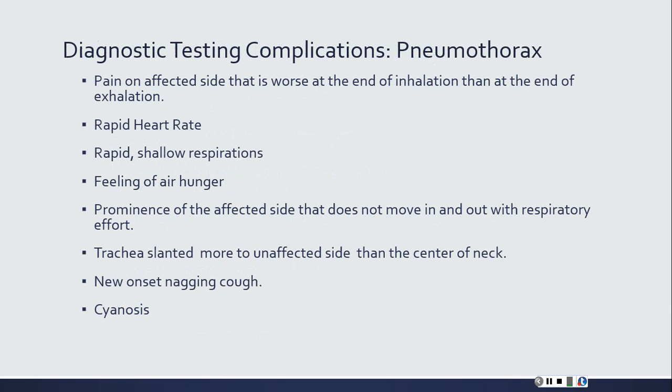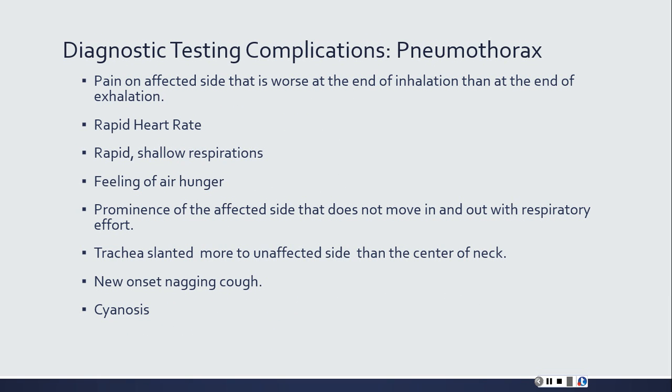All right, so these are the big signs of pneumothorax, and you need to know this. Both of these procedures can cause pneumothorax. You need to be aware. With pneumothorax, you're going to see pain on the affected side that's worse at the end of inhalation, so when they breathe in, it's really going to hurt, than at the end of exhalation.